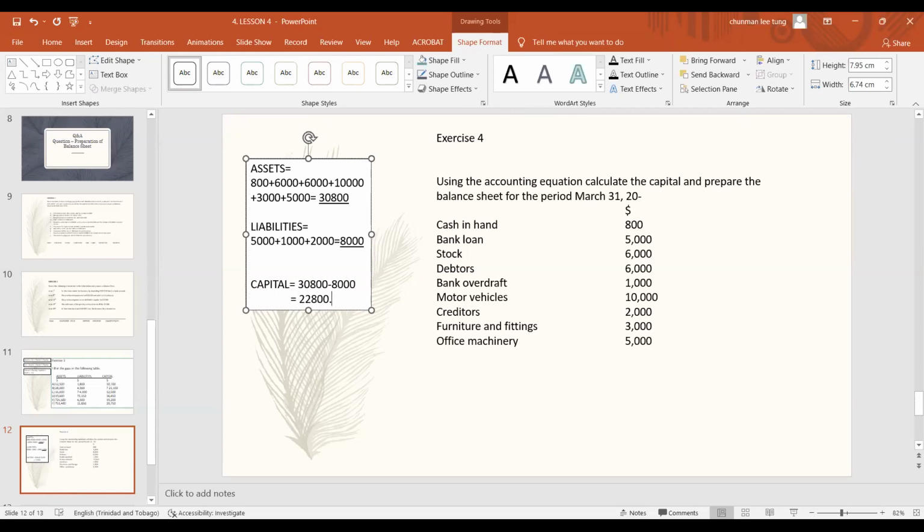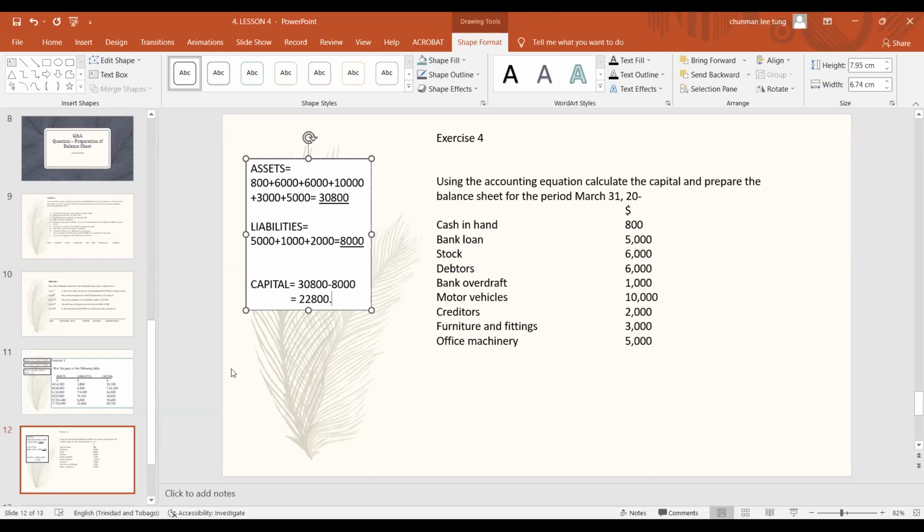Okay, so Rodney, very good. All right, so great. I'm seeing where other people got it. So now we are going to do the balance sheet. We have to bear in mind our capital is 22,800.